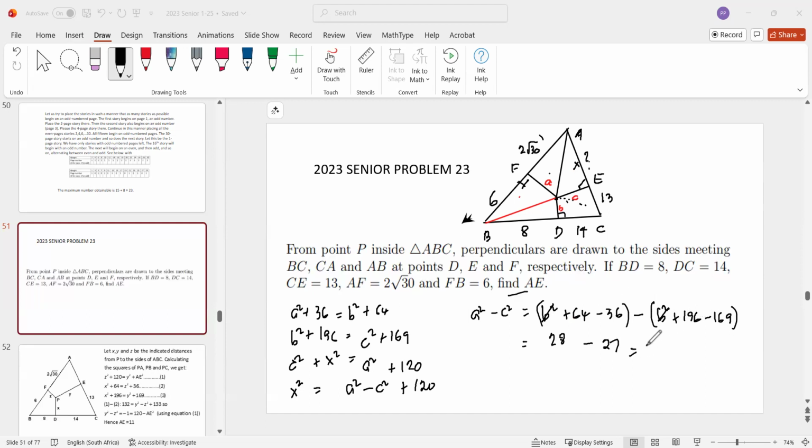No, that's actually 1. Okay, so a squared minus c squared is 28 minus 27 is 1. And so x squared now is equal to 1 plus 120. Oh, that's very nice, because this is 121. So x is 11, which is the answer.